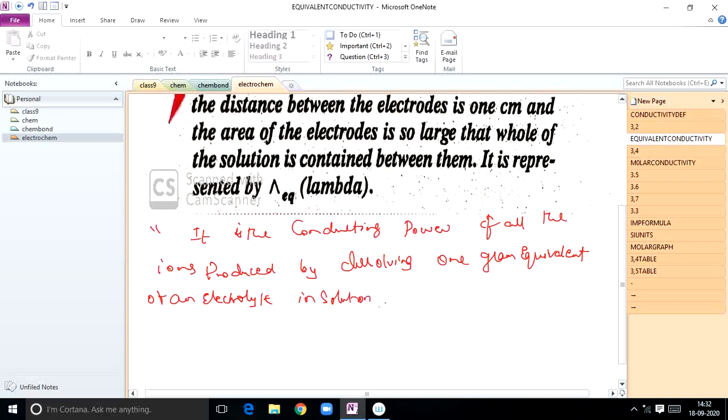So it is the conducting power of all the ions produced by dissolving 1 gram equivalent of an electrolyte in solution. That is also called equivalent conductance or equivalent conductivity.